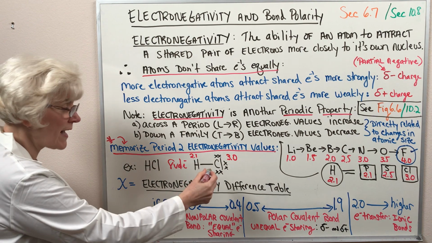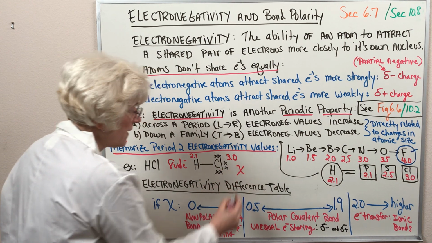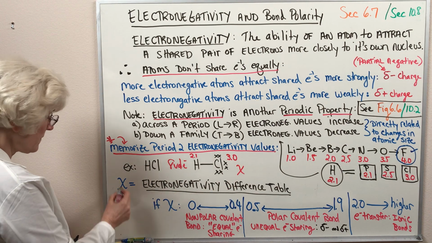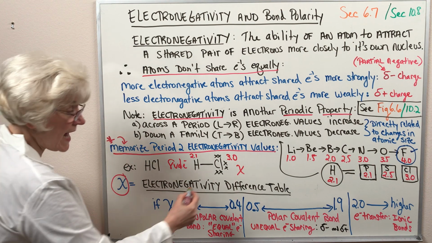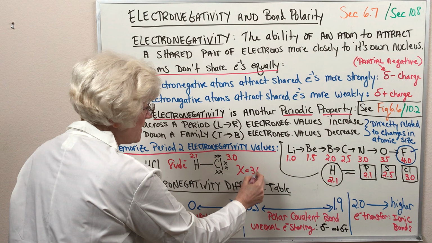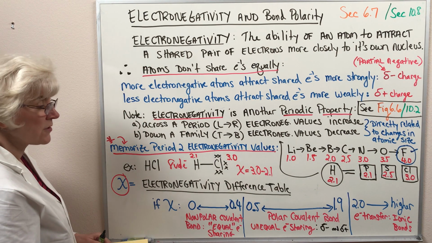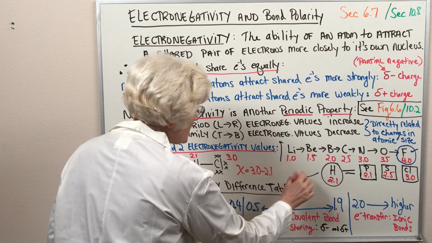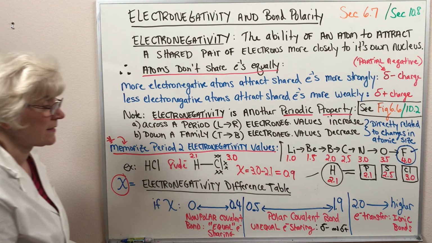And if we look at the difference in electronegativity, so electronegativity difference can be symbolized by this kind of capital italics X. If we look at the difference in electronegativity between hydrogen and chlorine, we come up with an electronegativity value of 0.9.